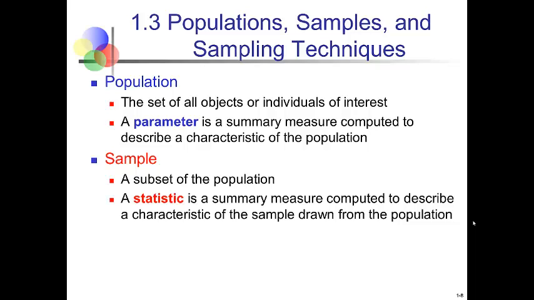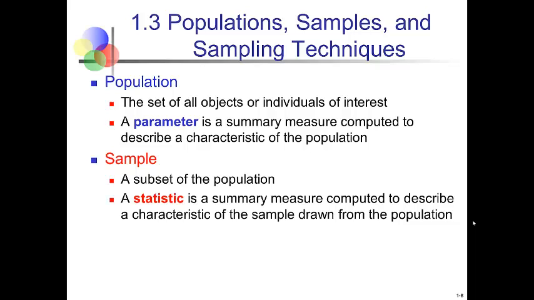So if we could actually figure out what every single likely voter in the next election thought, we could calculate a parameter. Since we don't, then we calculate from a sample, we'll get a statistic. And those two numbers are representing a similar kind of measure, but one includes only a few people and the other includes everybody.